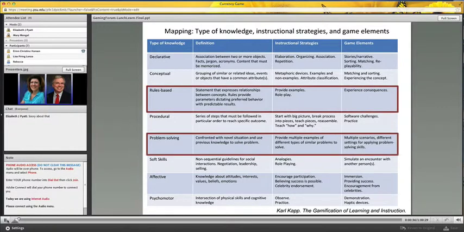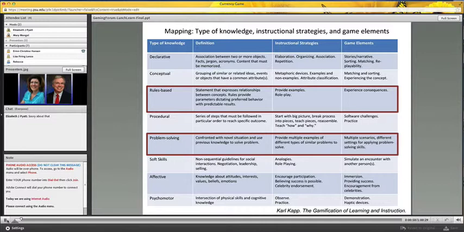The content that we were working with involved rules-based knowledge as well as problem solving, and students had to understand relationships between concepts and respond within a set of parameters or rules. So there was problem solving involved in applying these concepts.